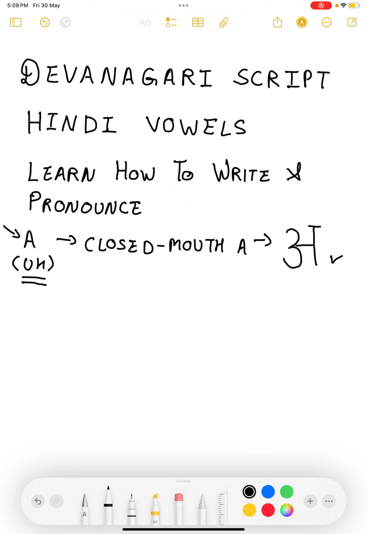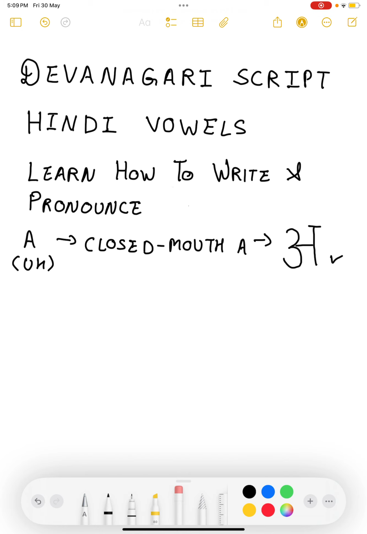So if we are not writing it down in the Devanagari script, but we are just writing down some words or sentences or phrases in Hindi, but written down in English letters, then you would see that this a sound is usually written with a from English. Okay, but remember it's the closed mouth a sound. So that's our first vowel.